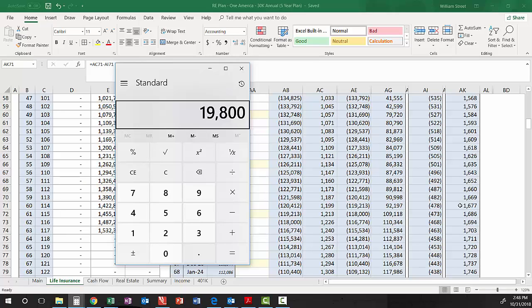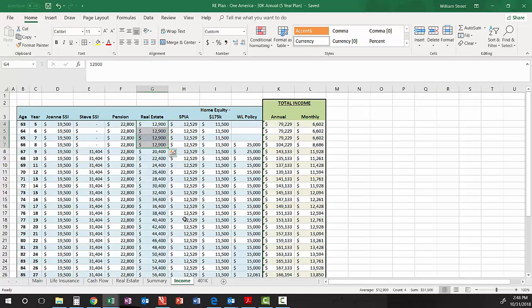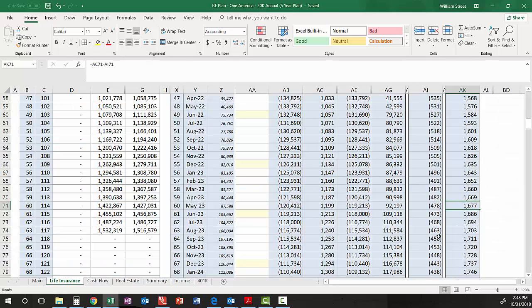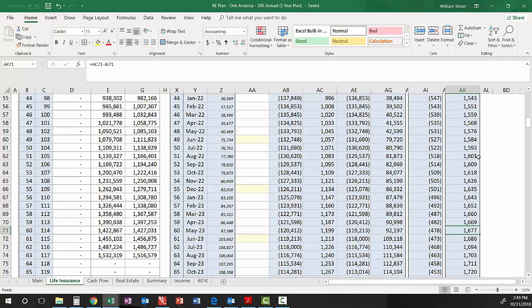That gives us about $20,000 a year of income, and that's net of the interest on our policy loan. Previous to this, this cash flow has always been flowing back into the policy and being applied to the outstanding policy loan balance. But do you have to do that?